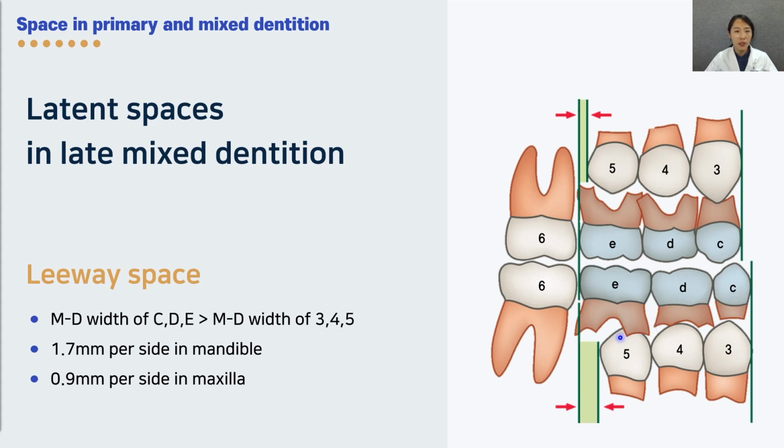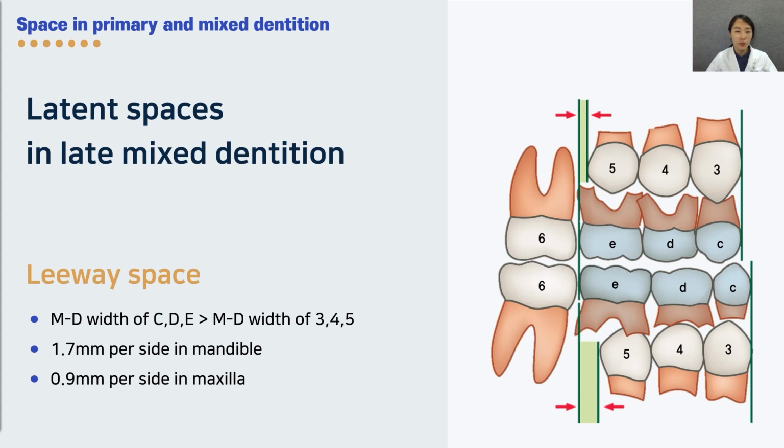Because mandibular second primary molar is much bigger than mandibular permanent second premolar, leeway space is also bigger in mandible than in maxilla. On average, leeway size difference was 1.7 millimeters per side in mandible and 0.9 millimeters per side in maxilla.